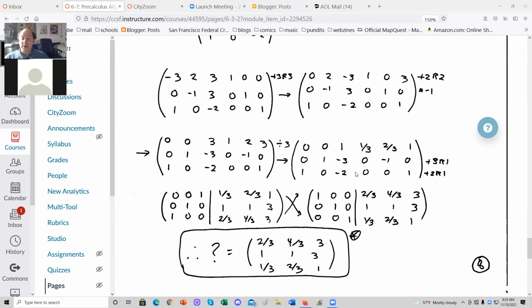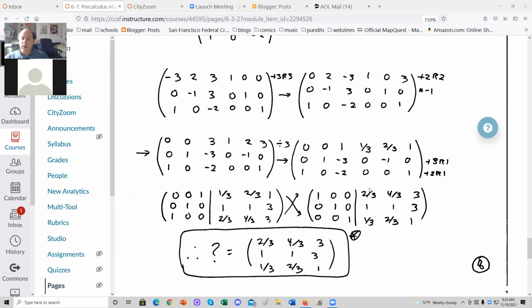And long story short, you get 0, 0, 1, 0, 1, 0, 1, 0, 0, and this becomes 1/3, 2/3, 1. Same here, 1, 1, 3 here. 2/3, 4/3, 3 here. This is not quite the identity matrix. We need to exchange the first and the third row to get 1, 0, 0, 0, 1, 0, 0, 0, 1.